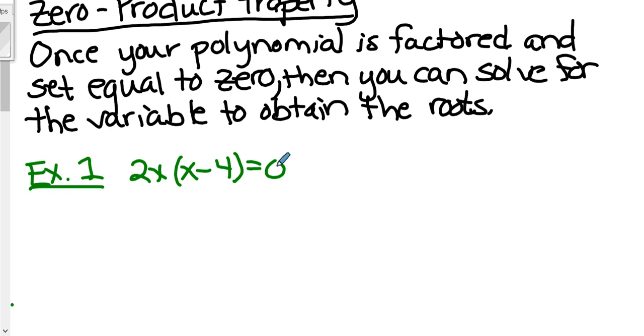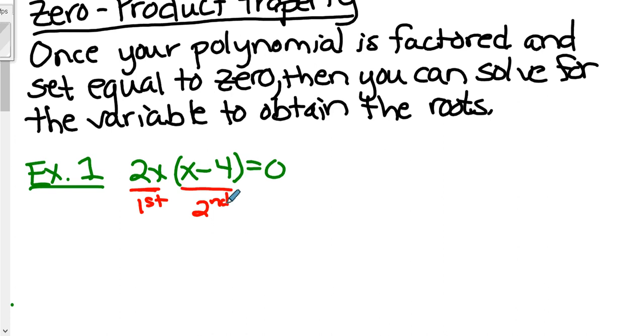And by the way, you're going to be solving equations, so I hope you're comfortable with solving equations. Here we go. First example, 2x times x minus 4 equals 0. Now, this factored form has two parts. This is your first part, and that's your second part.